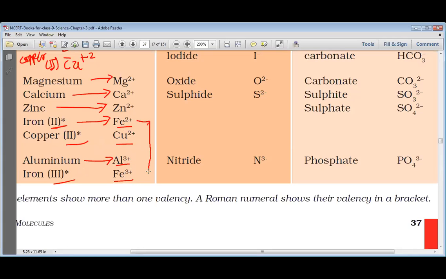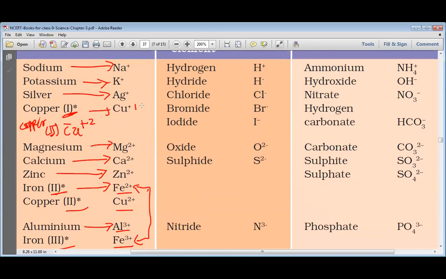So you can compare that we can have iron 2 ion as well as iron 3 ion. We can have copper 1 ion as well as copper 2 ion, Cu plus 1 and Cu plus 2, and we write the charge in parentheses with Roman numerals. Please remember.